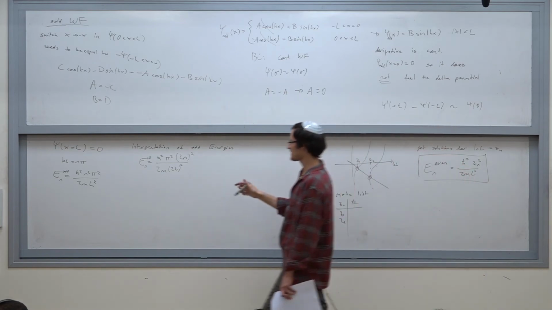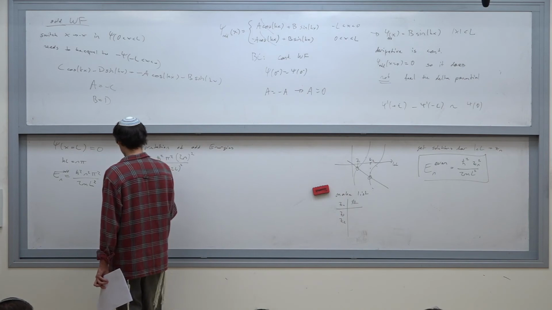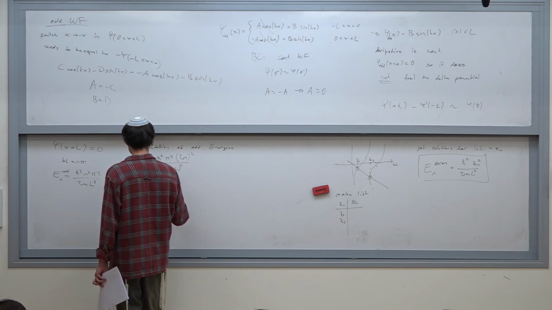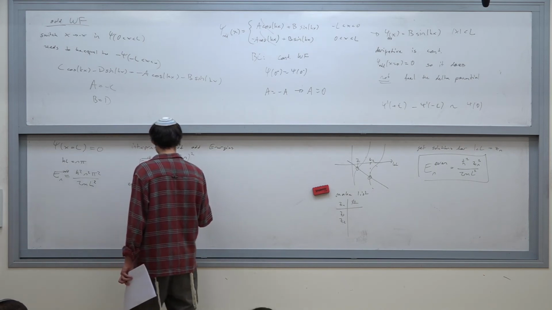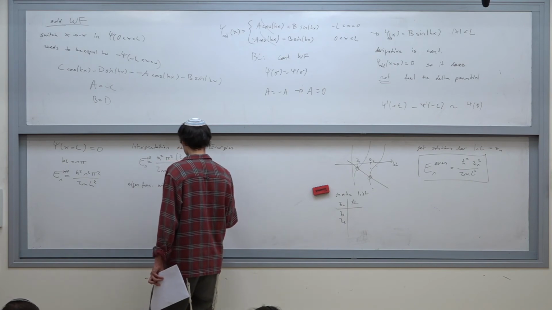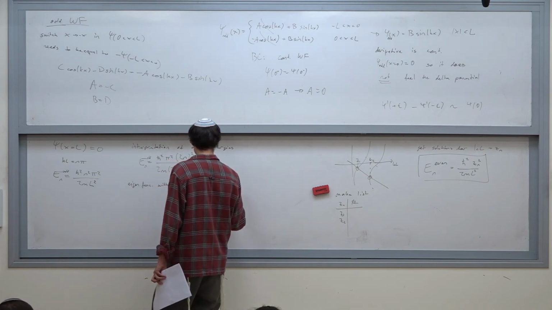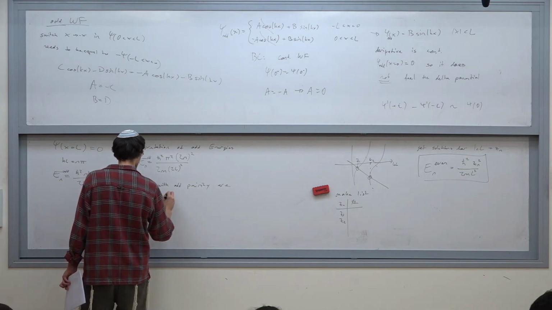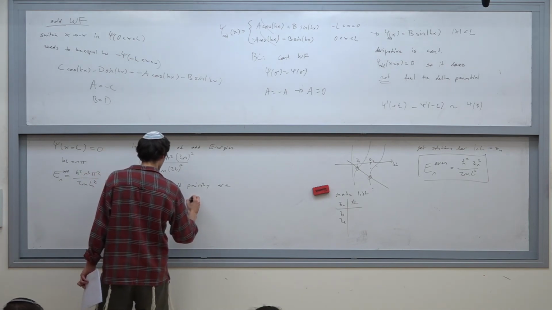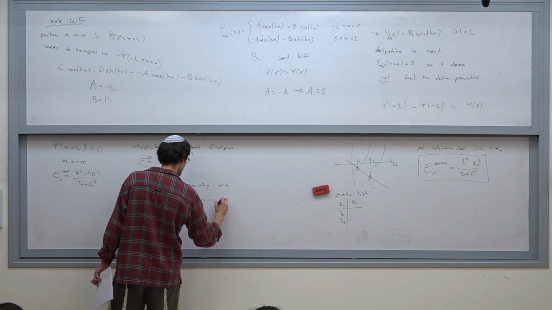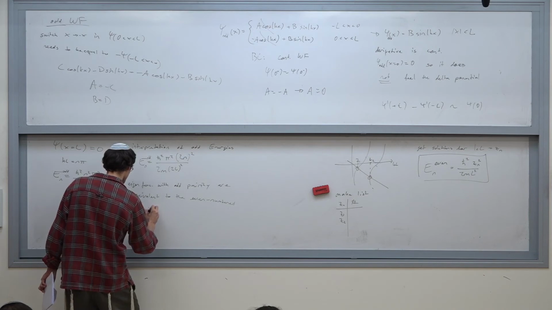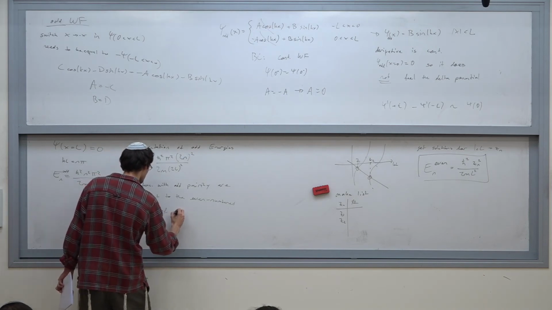So the eigenfunctions with odd parity are equivalent to the even-numbered energies of an infinite potential well.